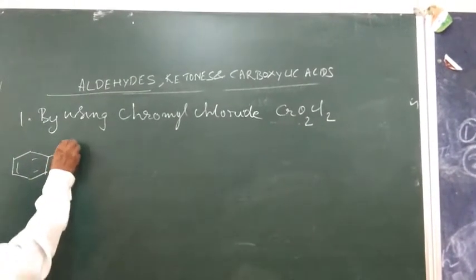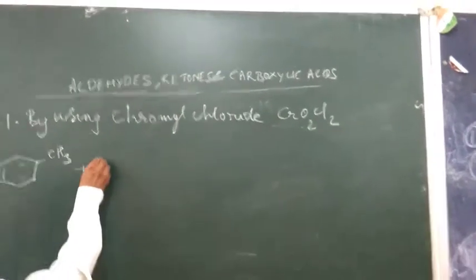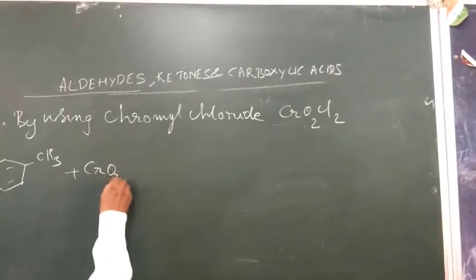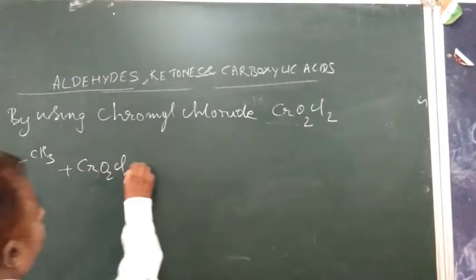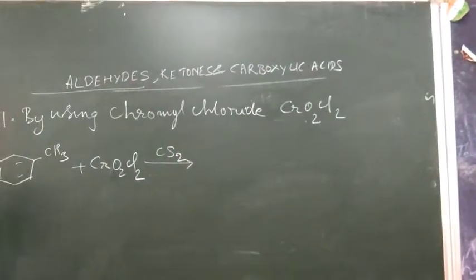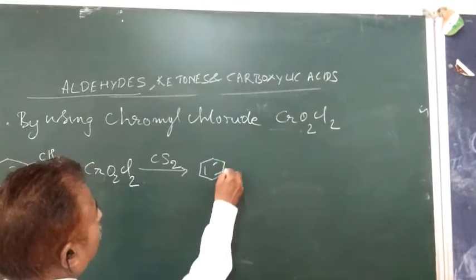This is toluene, C6H5CH3, plus CrO2Cl2 in the presence of carbon disulfide, and we get a chromium complex.